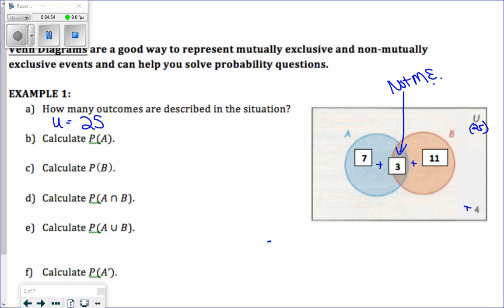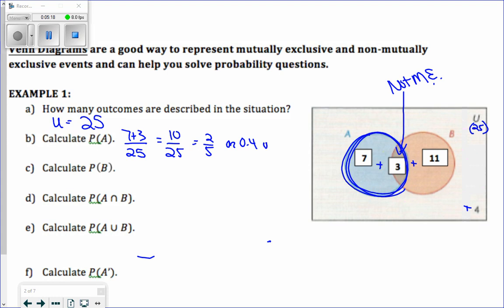So then the probability of A, so this is A, everything in circle A. So you're going to go 7 plus 3. Number of favorable over total number. So you get 10 over 25. You could reduce that down to 2/5. You could write it as 0.4, or you could say 40%.